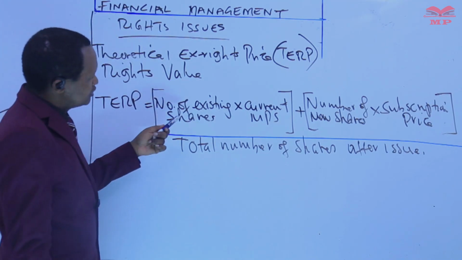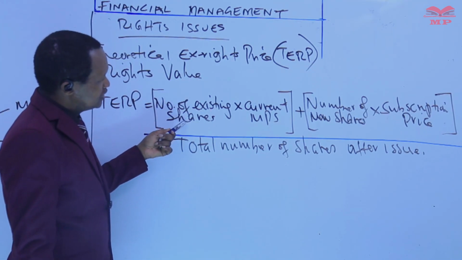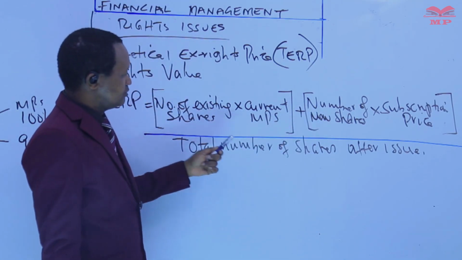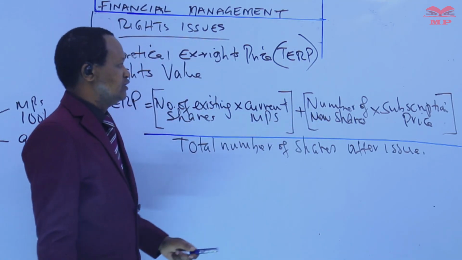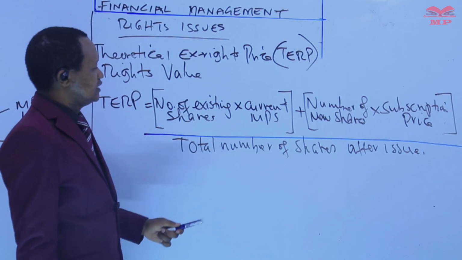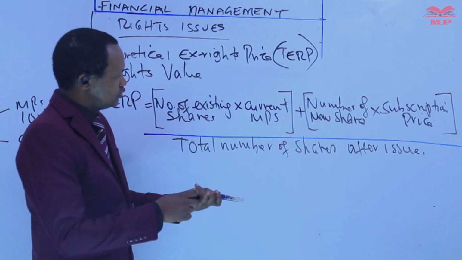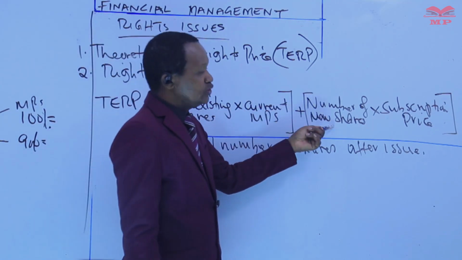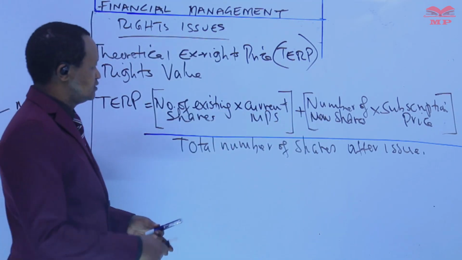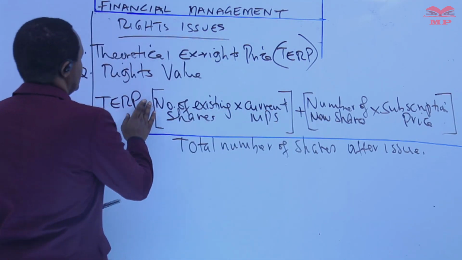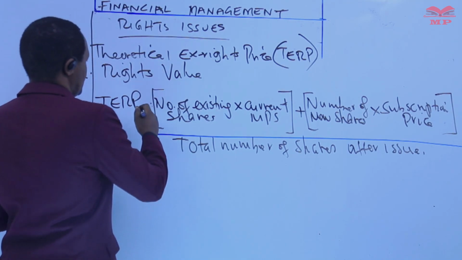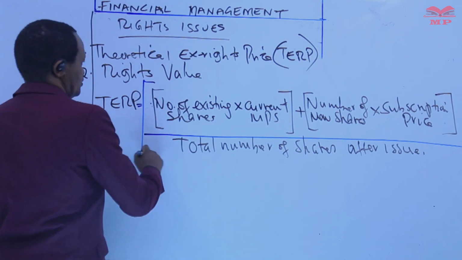That will just be the existing plus the new, so these two become the denominator. The total number of shares after issue is equal to the number of existing shares plus the number of new shares. So that is the formula for calculating the theoretical ex-rights price.